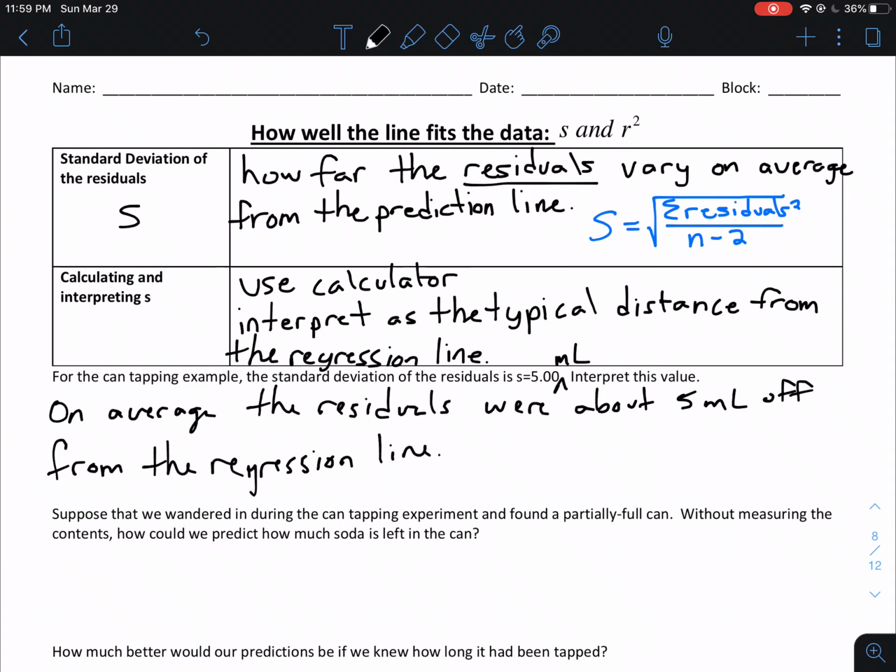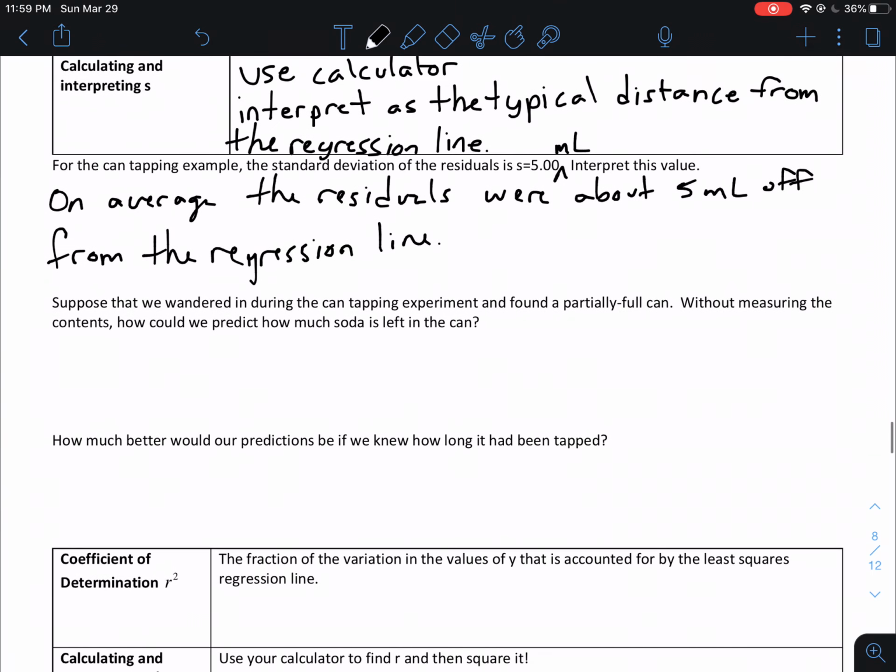Okay. So for the second question, suppose that we wandered in during the can tapping experiment and found a partially full can. Without measuring the contents, how could we predict how much soda was left in the can? And the answer is there isn't much you can do.